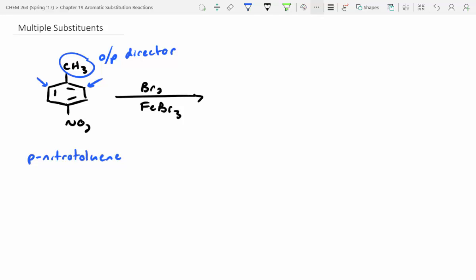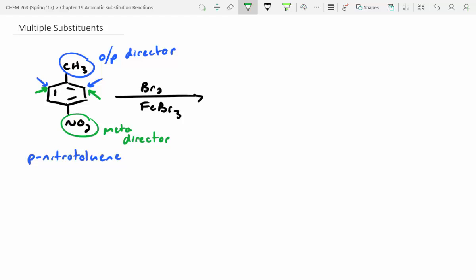Okay, now let's do the lower one. And we'll say, all right, a nitro group. Is that ortho-para or a meta-director? Meta. Okay. So if we're looking at meta, we're looking at the meta position relative to that nitro group, which again means that the meta position is going to be that same carbon.